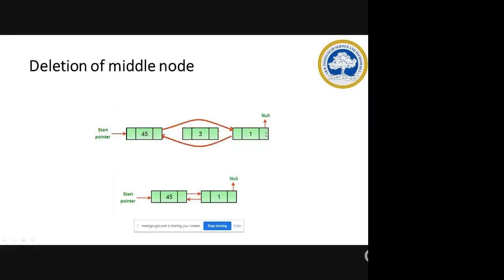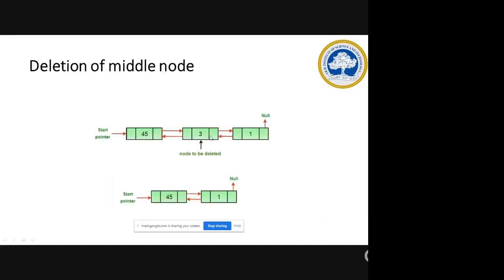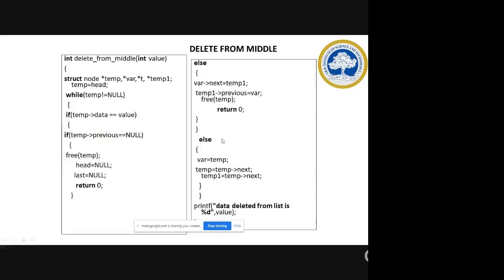Now again temp1 will be this temp of next. So the order should be like this only. So var, temp1, this is the value. Now it will check whether 3 is the node to be deleted. Suppose 3 is also not the node to be deleted, then again this line only will be followed.